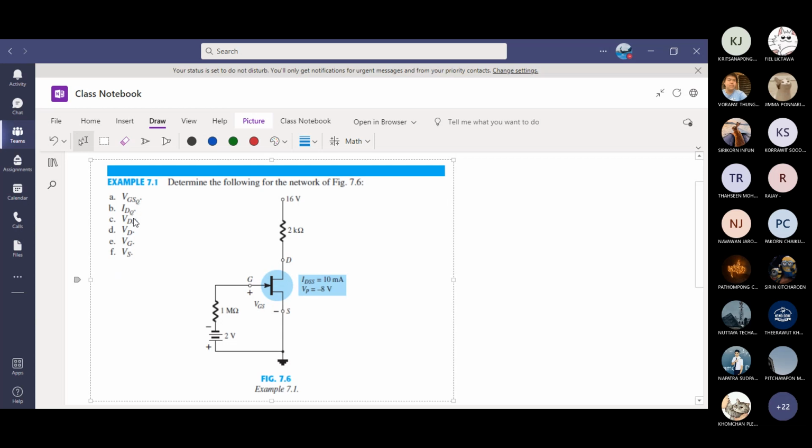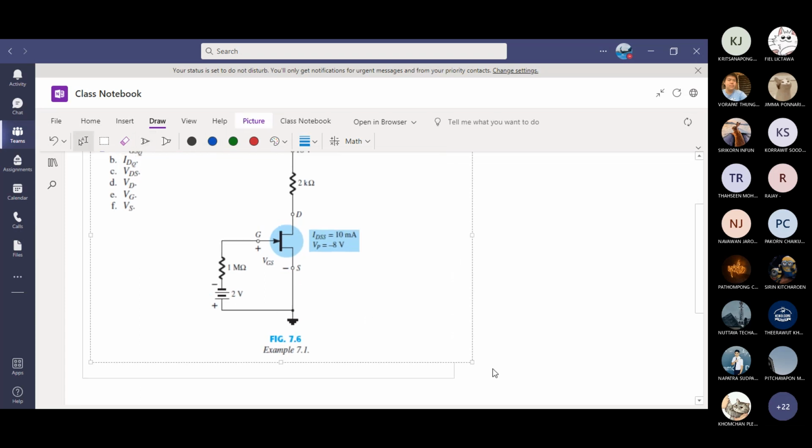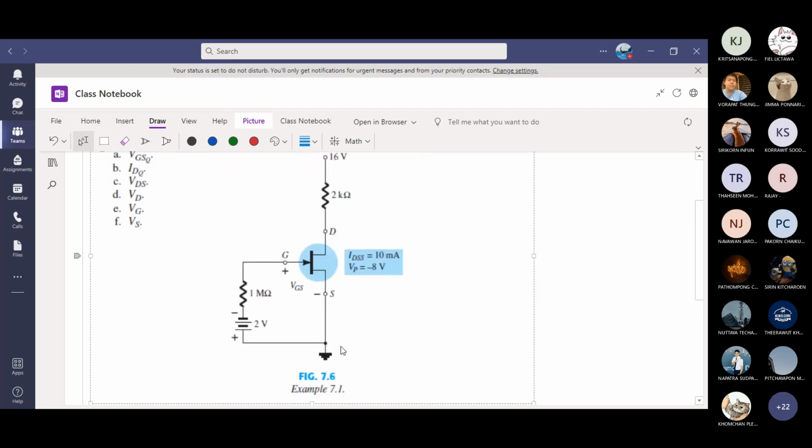So is Siripop here? Yes, sir. Siripop, you will be telling us part A. Okay, sir. VGSQ. Is it large enough or should I enlarge more? I think this is good. Bottom is the ground.